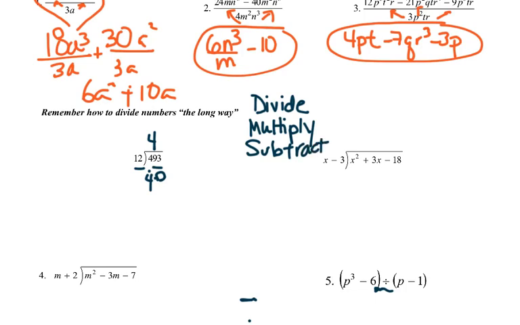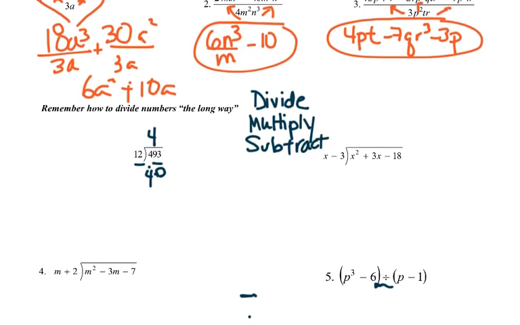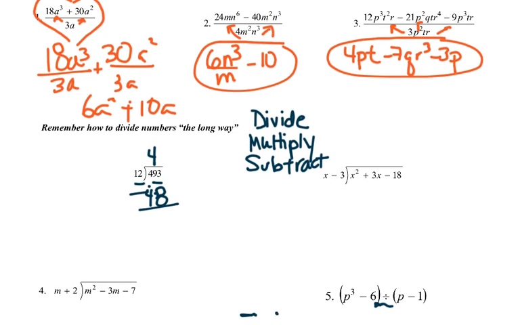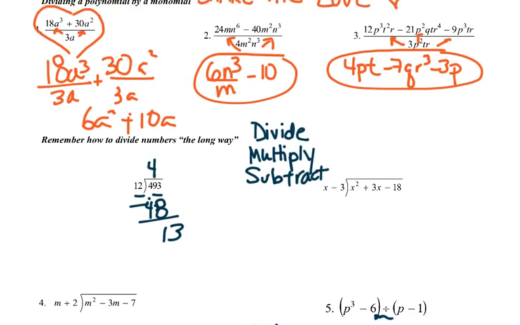So 48 minus 48 is 13. And then we bring down the 3, right? So divide, multiply, subtract, bring down.